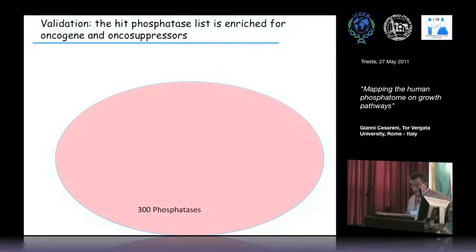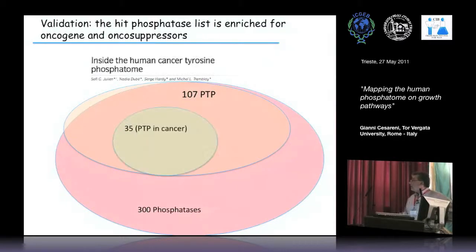So another type of analysis that he did is to try to see how many phosphatases that have been already validated in the literature as an oncogene or oncosuppressor we recover in our assay.